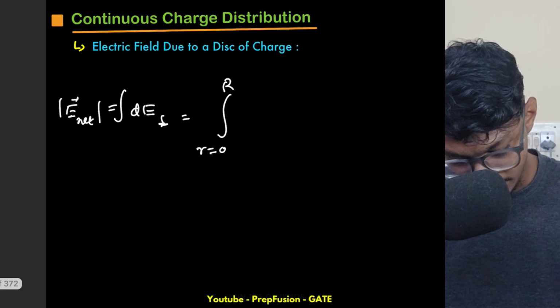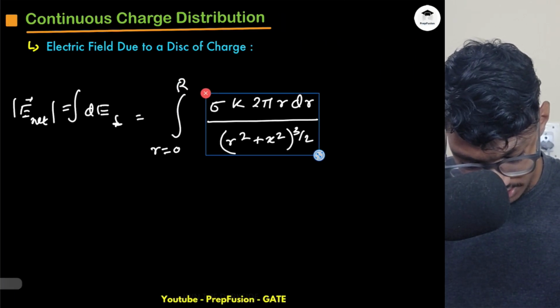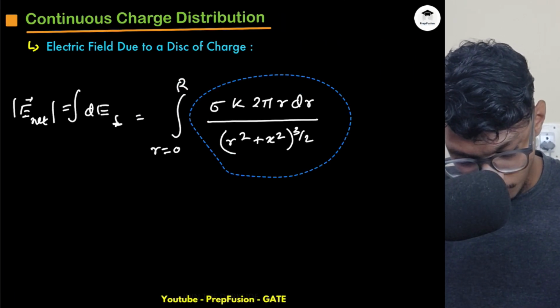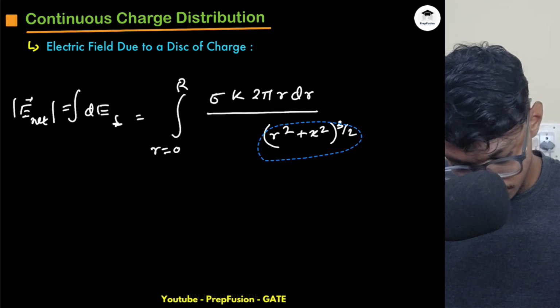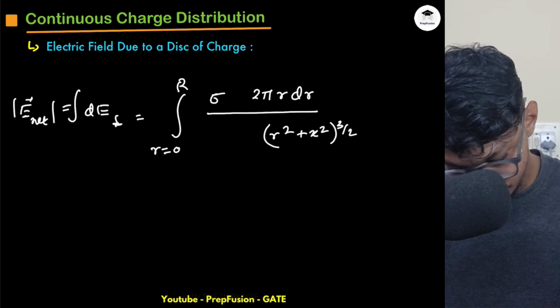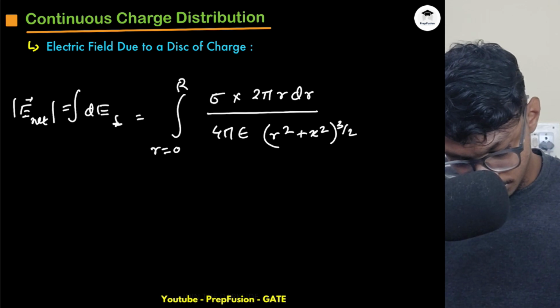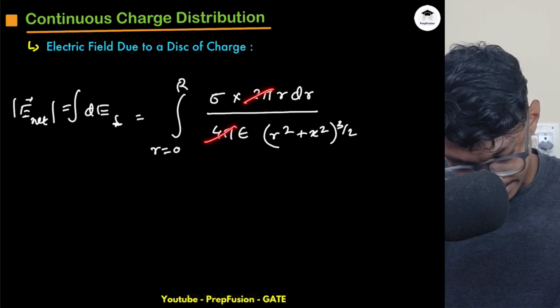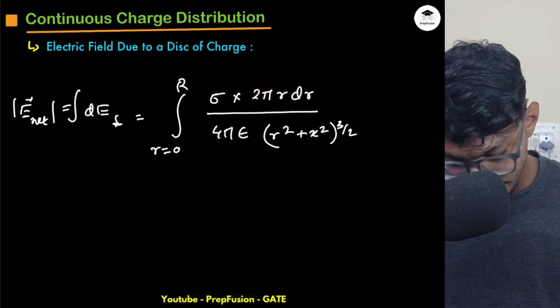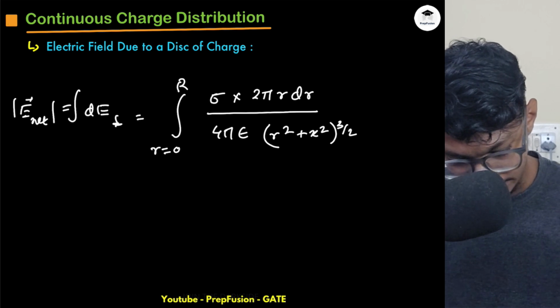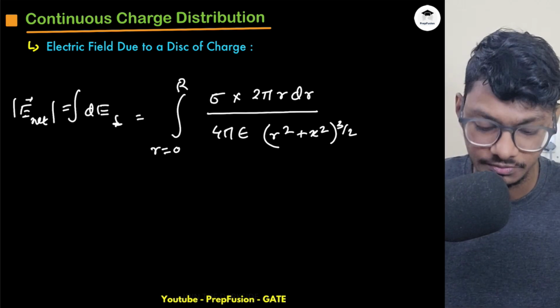This expression will be copied. So what I can do is break this k down, right? What is this k? k is 1 upon 4 pi epsilon, right? So the 4 pi gets cancelled. This is just a constant thing. What other thing I can do is use the method of substitution.